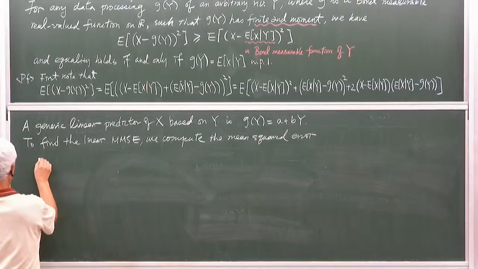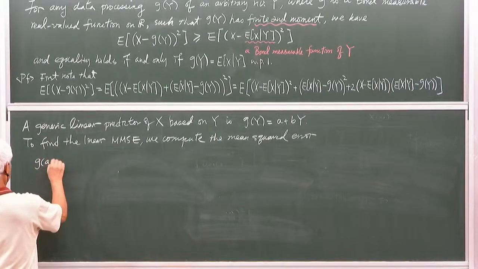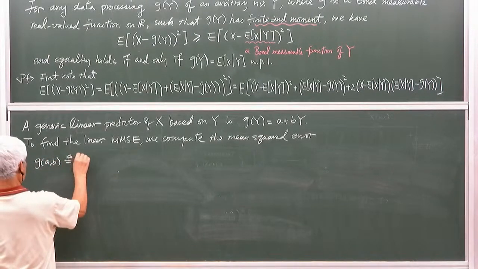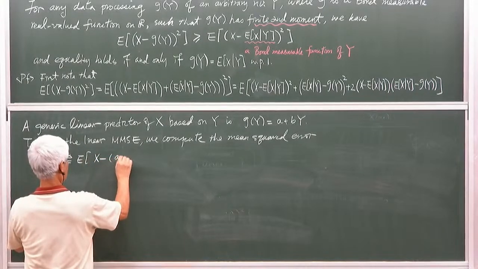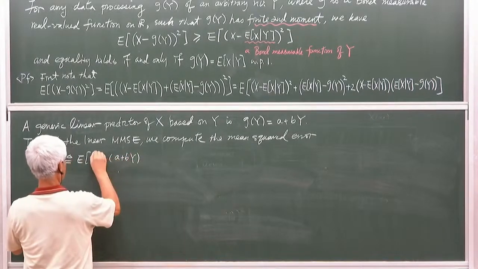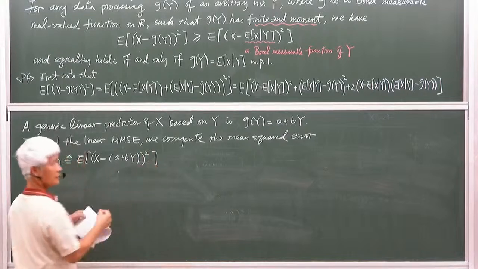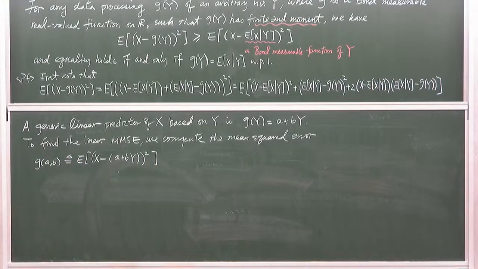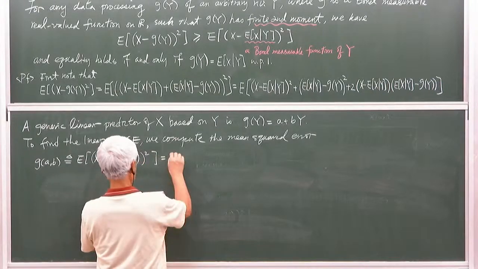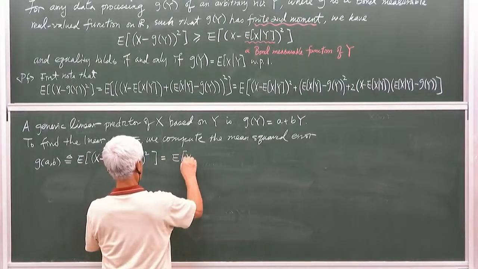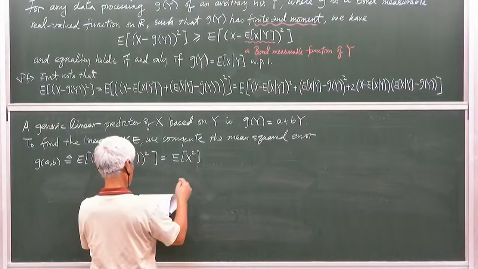We define this as g(a,b), which is the expectation of (X minus (a plus bY)) squared. So this is the mean squared error.